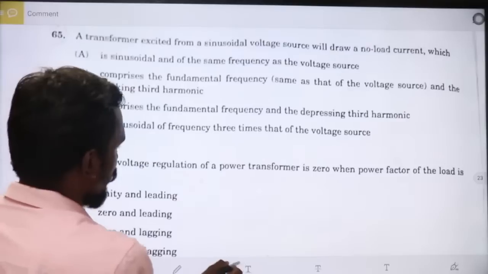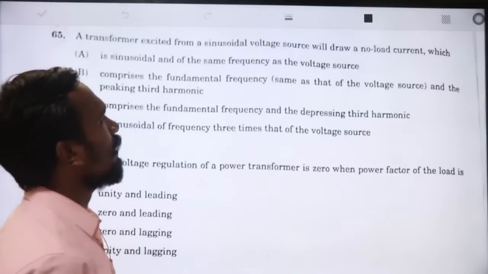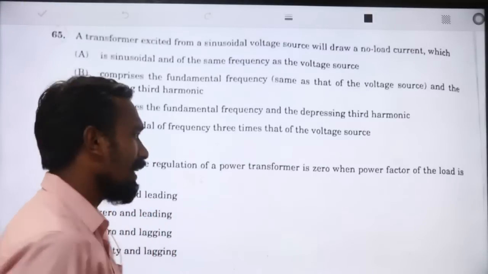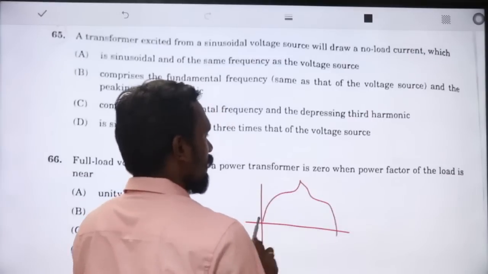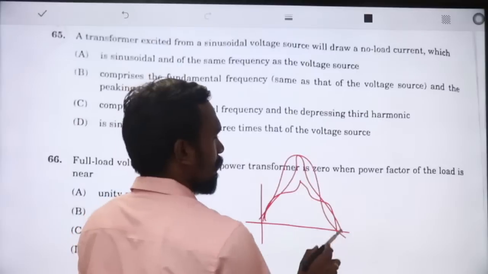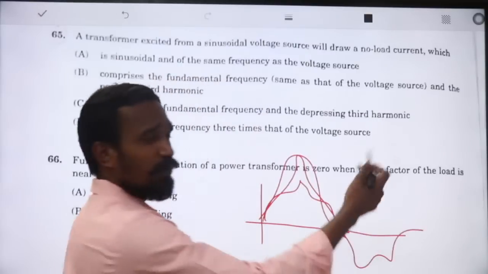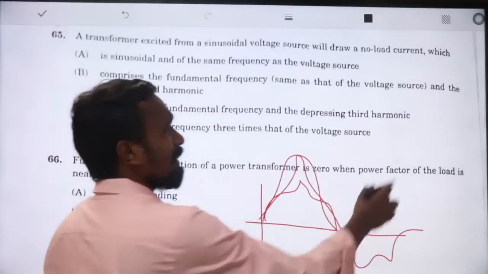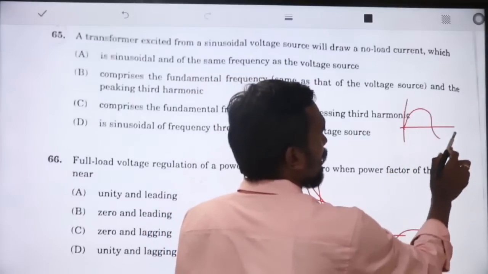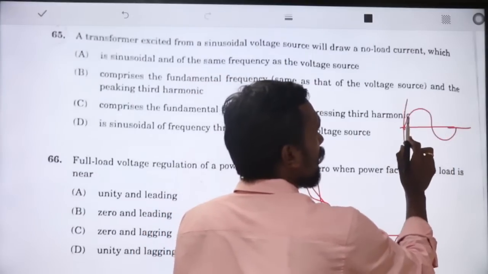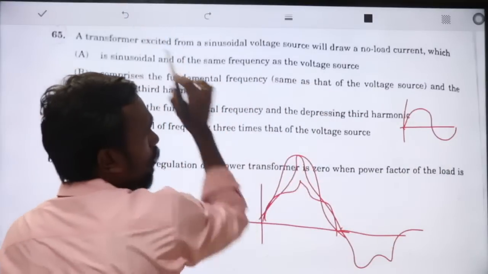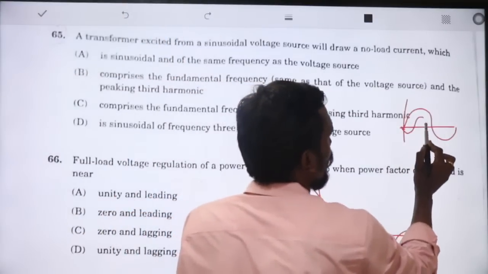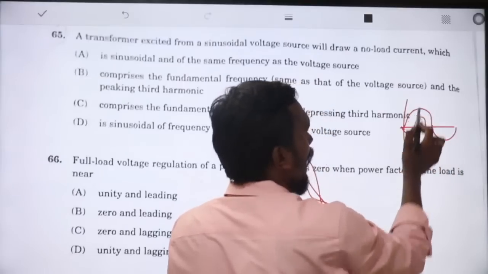A transformer excited from a voltage source will draw a no load current. I told you that generally the no load current is a peaky wave, while our EMF is sinusoidal. Why is it getting a peaky wave when we are giving a sinusoidal supply? Due to the third harmonics, which will be added here.